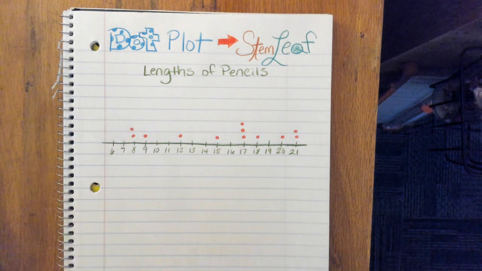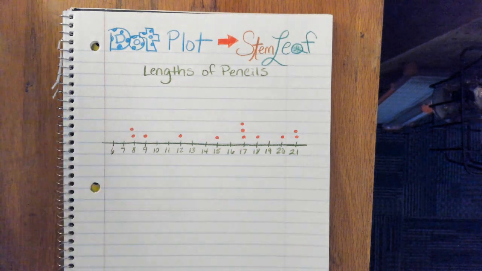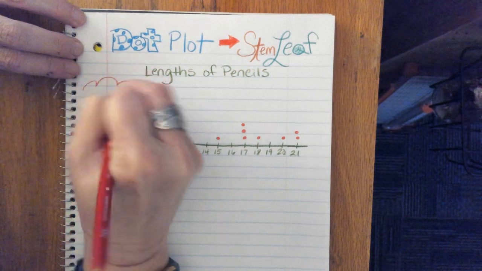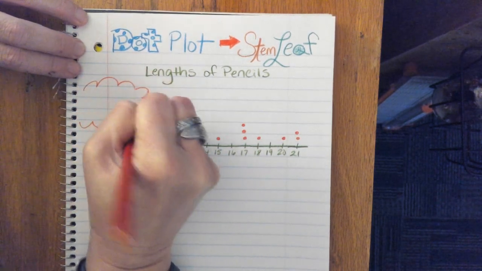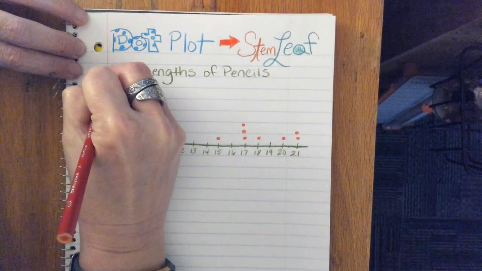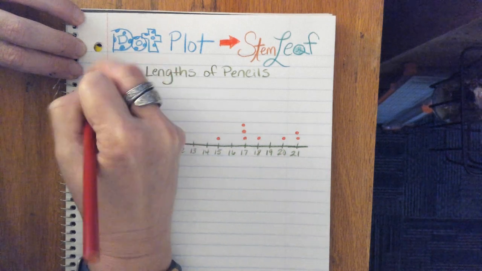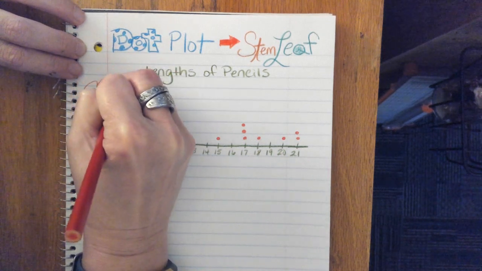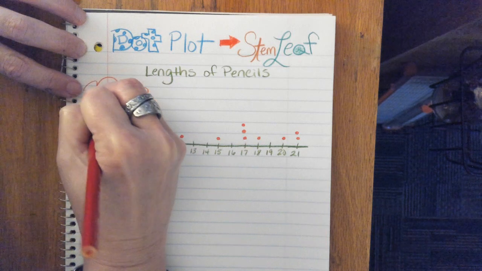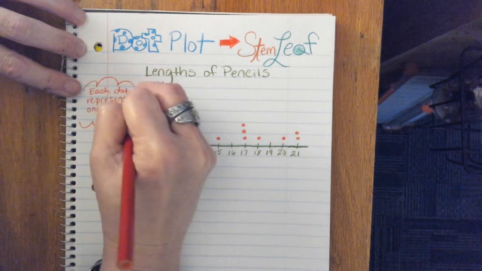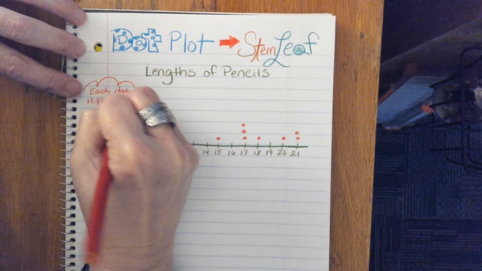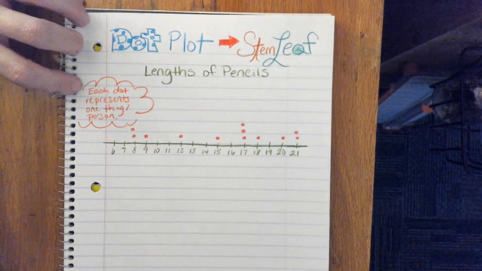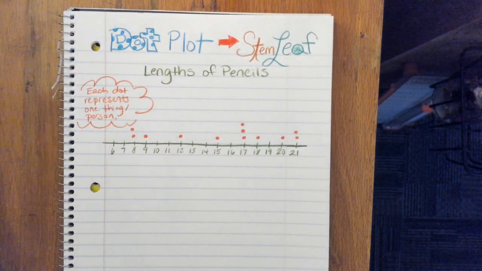So one of the things to remember about a dot plot is each dot represents one thing or person. Okay, so you could ask, how many kids did you talk to?